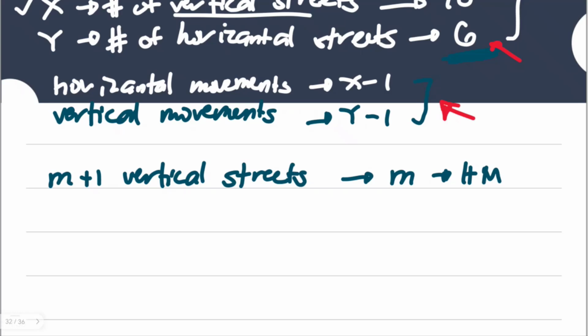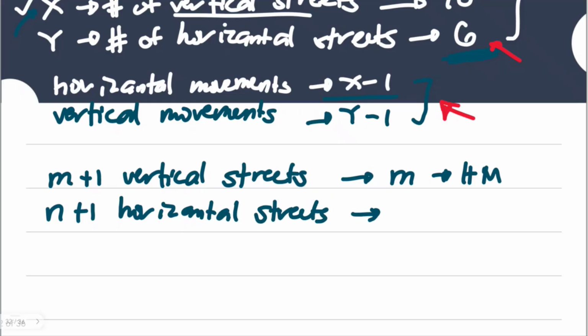If m is your vertical streets, this is your minus 1, you will have m horizontal movement. As for n plus 1 horizontal streets, you will have here actually n vertical movement. So for m plus 1 vertical streets, you can get your horizontal movement as m, and for your n plus 1 horizontal streets, you will get here n as the number of vertical movements.